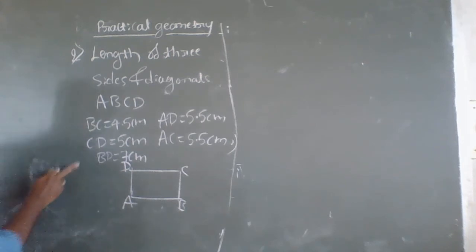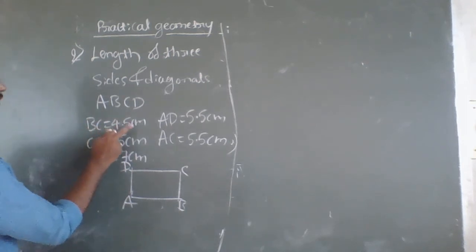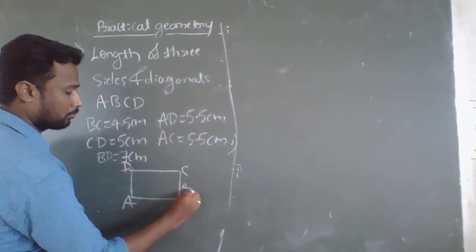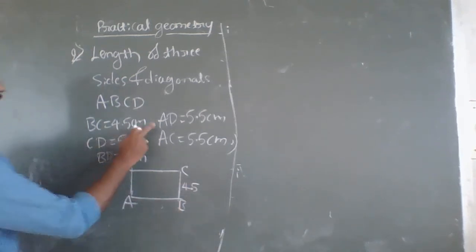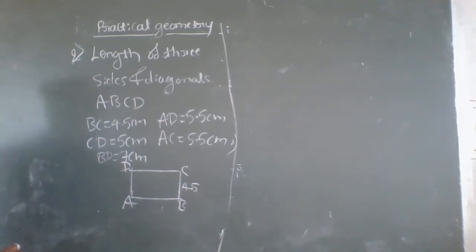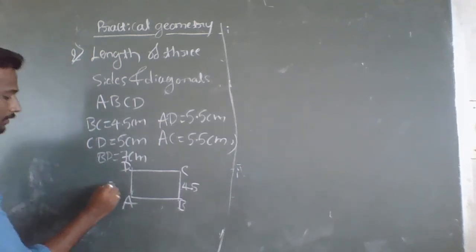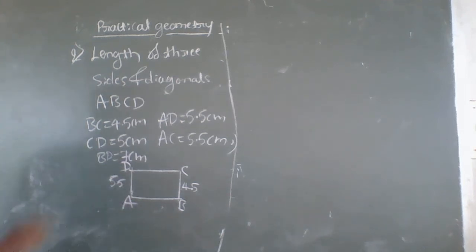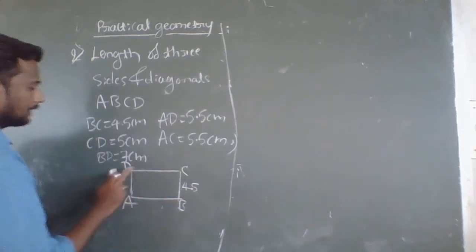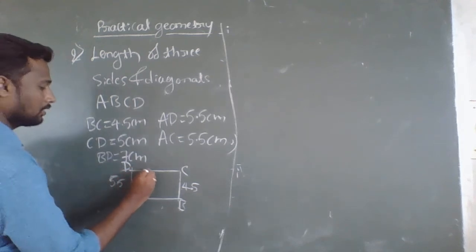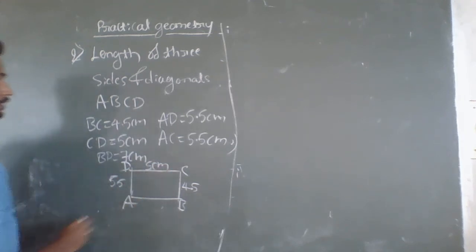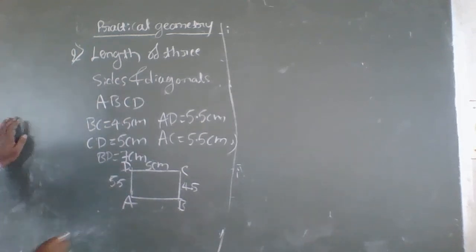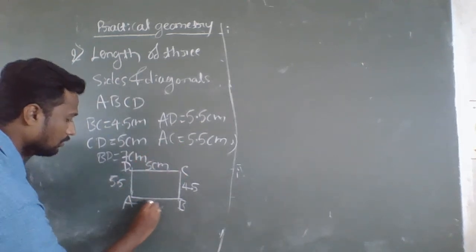Here the length of BC is 4.5 centimeter, AD is 5.5 centimeter, and C to D is 5 centimeter. AC is 5.5 centimeter.